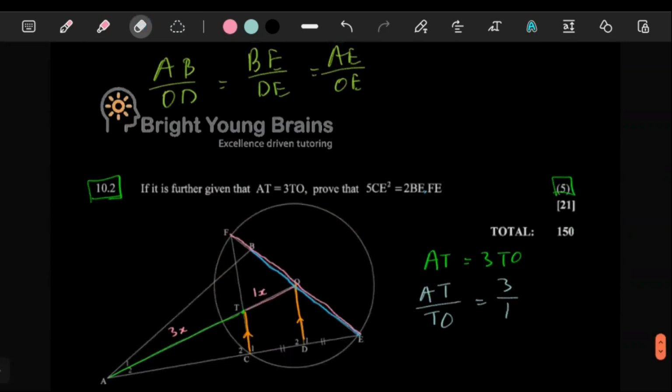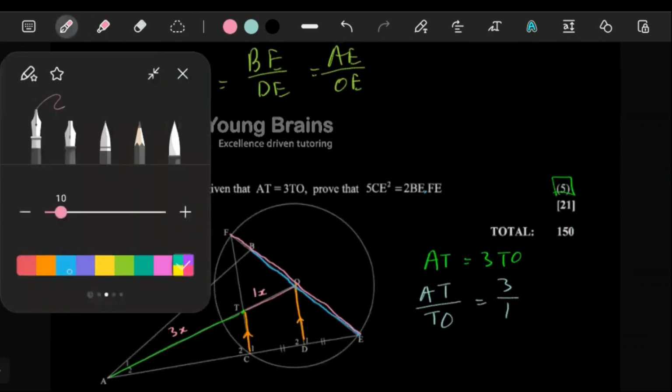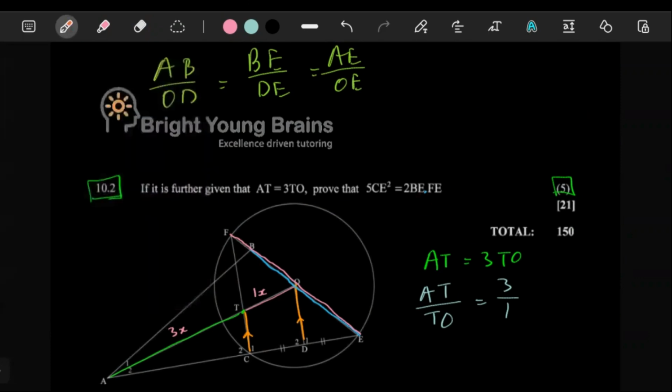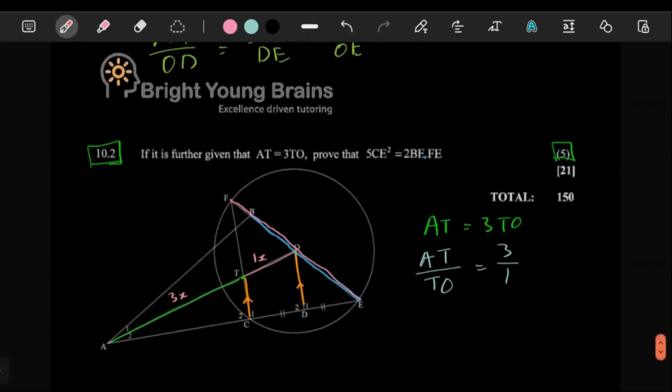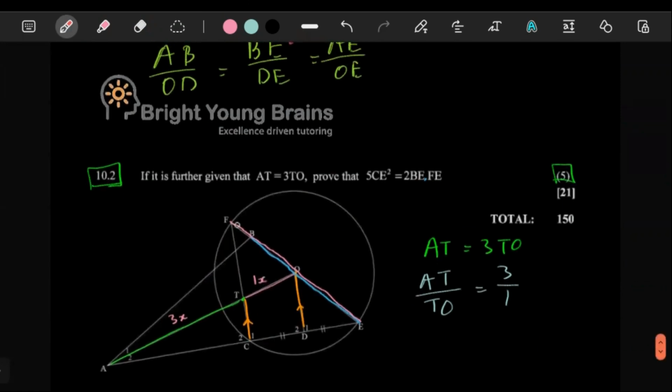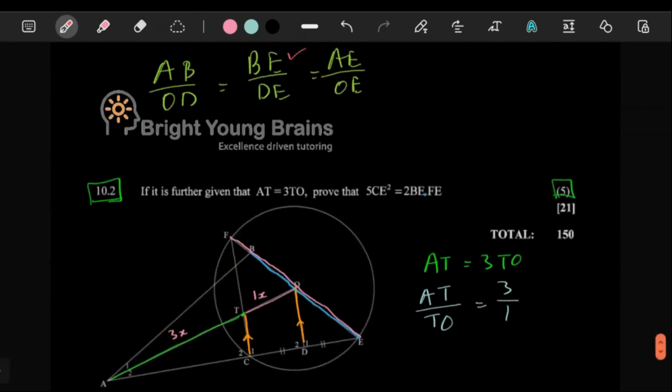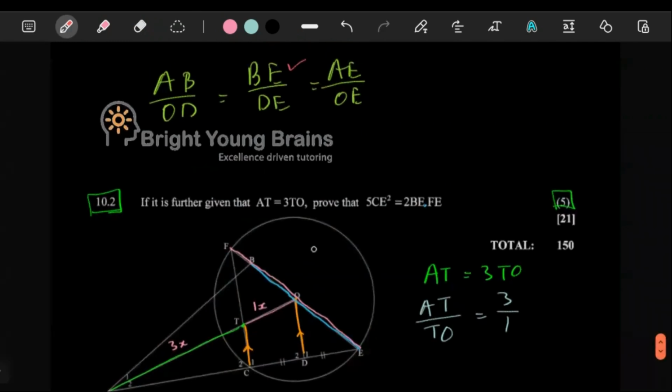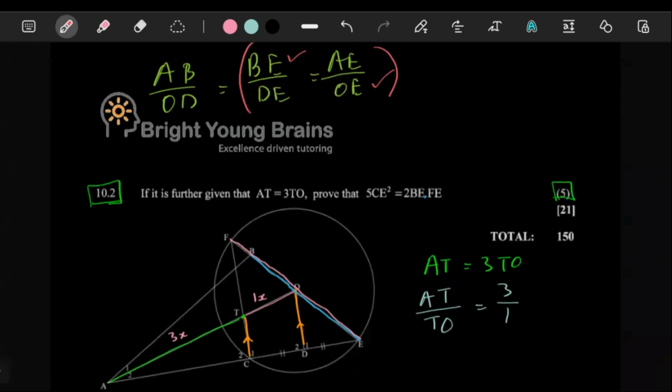The reason why it may come in handy is because you see here, in our three expressions up there, there is a BE somewhere, and then FE. There isn't FE specifically, but what we know is that there's OE there, of which FE is just double OE. So let's not forget that. We might as well focus on this because it looks like it's going to give us something.